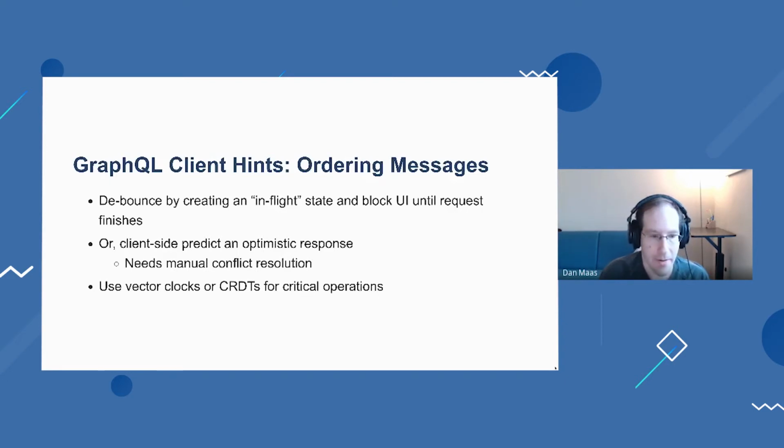There's a lot of literature out there on good ways to do this, and you can use those ways. Just keep in mind that GraphQL isn't handling this for you. It just gives you a request response protocol, and it's your responsibility to build your synchronization system on top of that protocol.